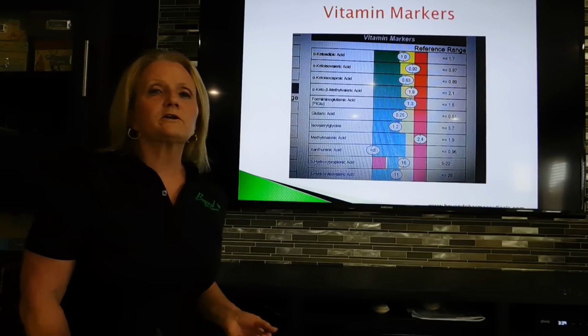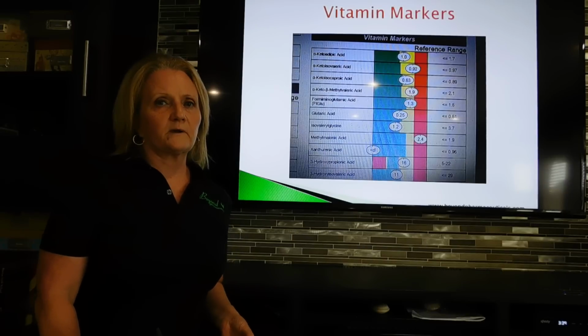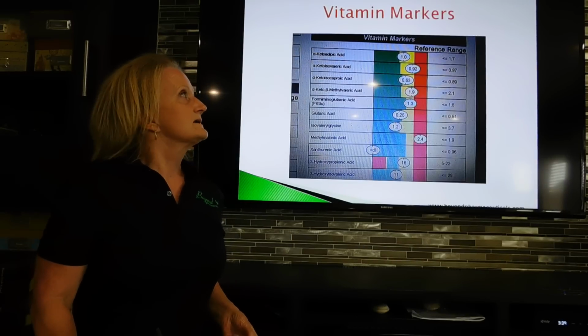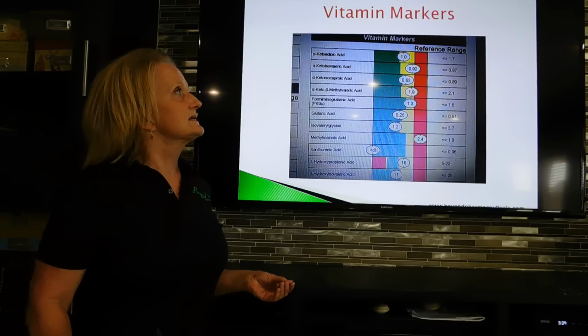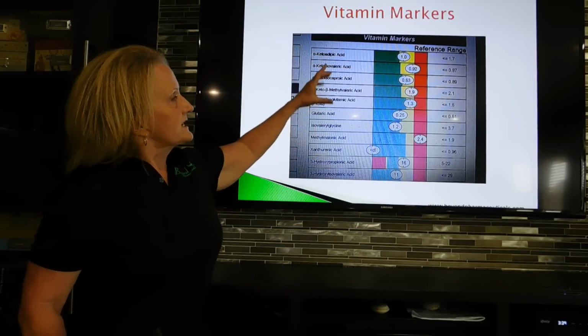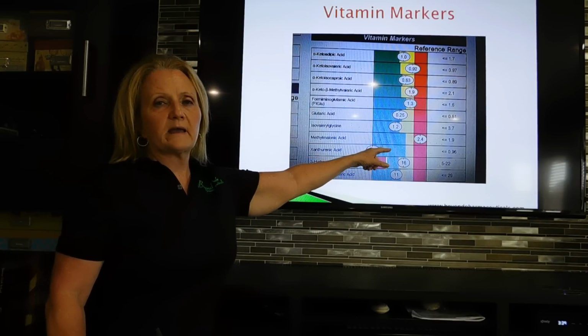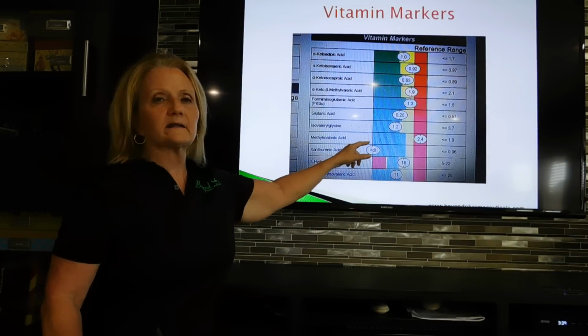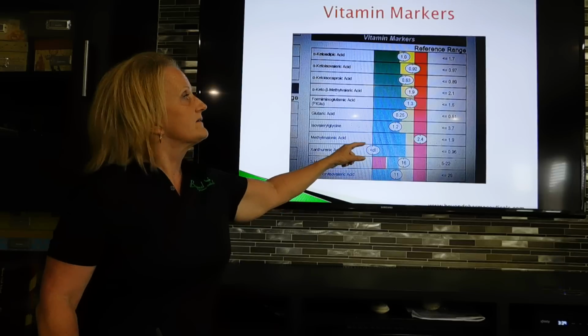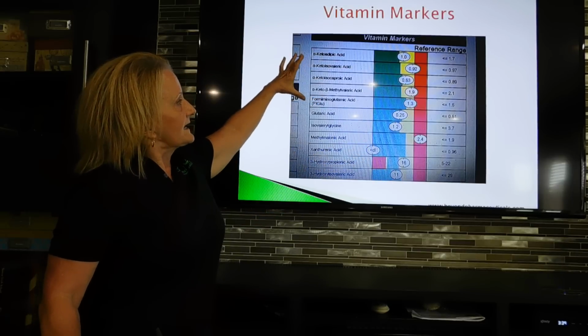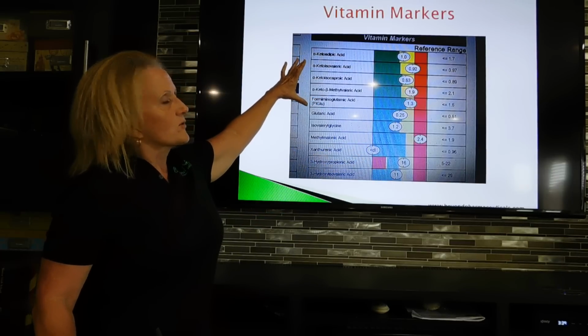And so in utilizing amino acids, we need vitamins. And so the next section I looked at is the vitamin markers. And she has a lot of borderline high. She has one very high for MMA, that's methylmalonic, and that's the metabolite for B12. But all of these alpha keto acids here are kind of borderline high.